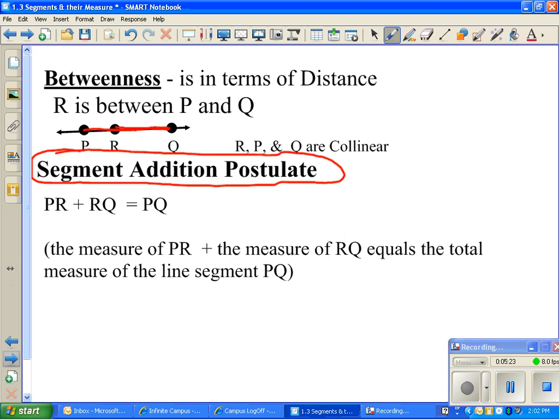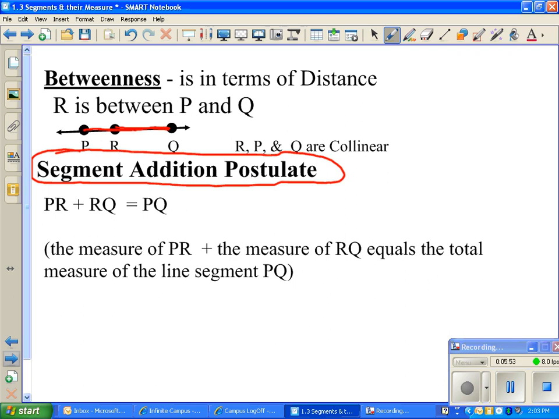Does anybody know why this doesn't have a line above it? Why does PR not have a line above it to tell me it's a line segment? What did I say it represented? You may remember? Didn't I say it represented the length, the measurement? Okay. If you're talking about the length or the measurement, we're no longer talking about naming the line segment.